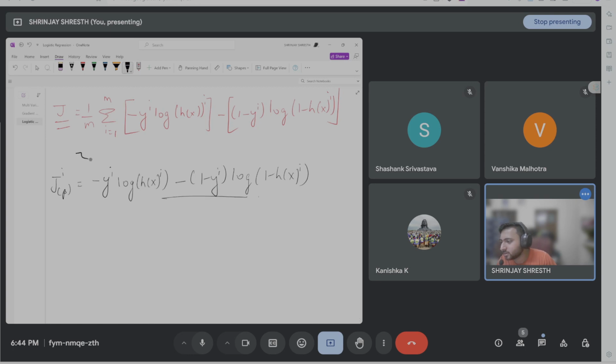Let us put those values for some ith value.